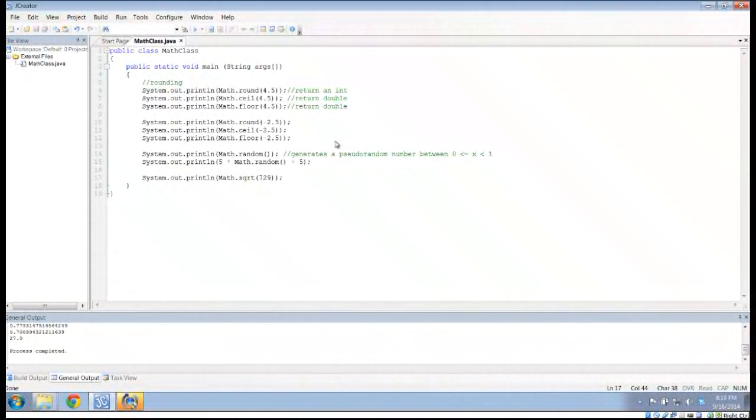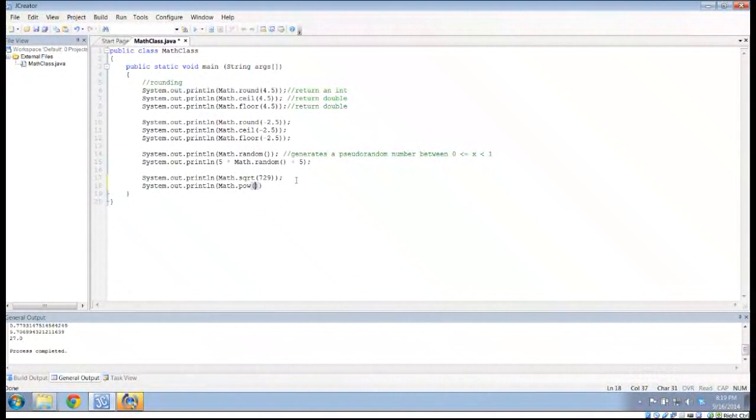And similarly, I can actually take any number and raise it to any power using math.pow. math.pow actually has two parameters.